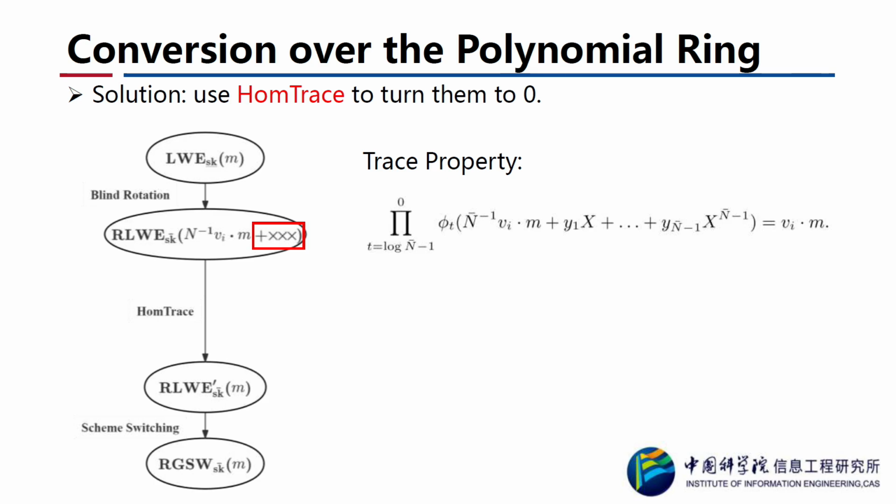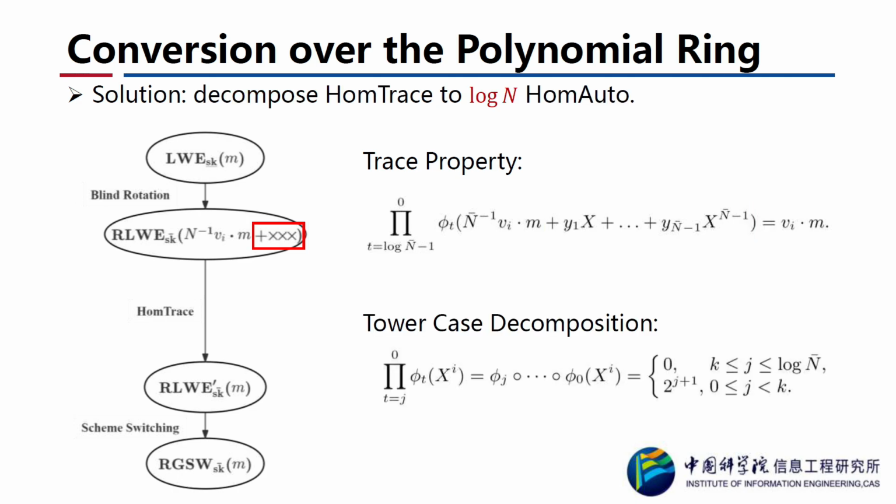Our solution is to introduce homomorphic trace evaluation to turn these terms to 0. The right corner is the trace property. You see that you can remove some power of x terms. And we want to speed up the homomorphic trace evaluation, so we use the tower field decomposition to decompose homomorphic trace evaluation from n homomorphic automorphisms to log n homomorphic automorphisms.